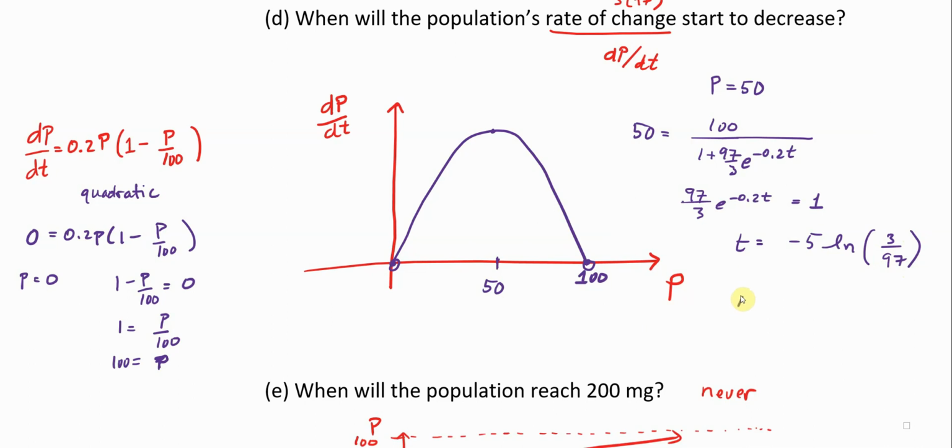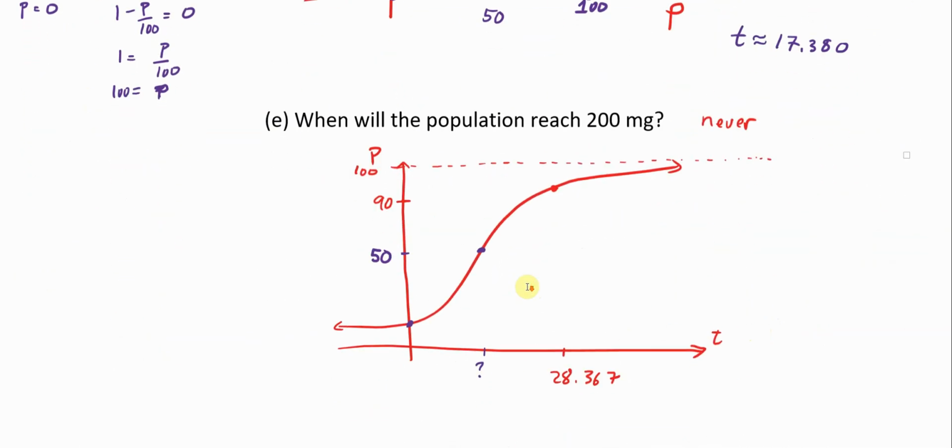That gives me an answer of approximately 17.380. In other words, at this time right here, 17.380, that's when the inflection point is going to occur, and that's when the population of bacteria is going to go from increasing at an increasing rate to increasing at a decreasing rate.